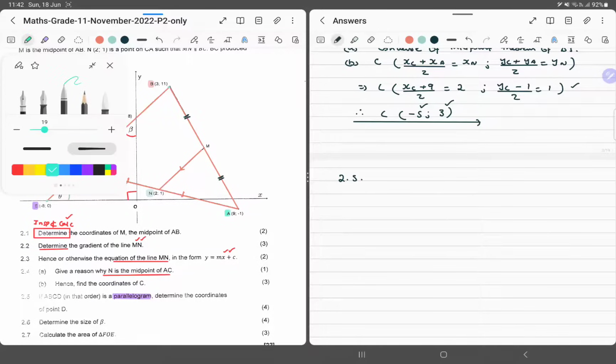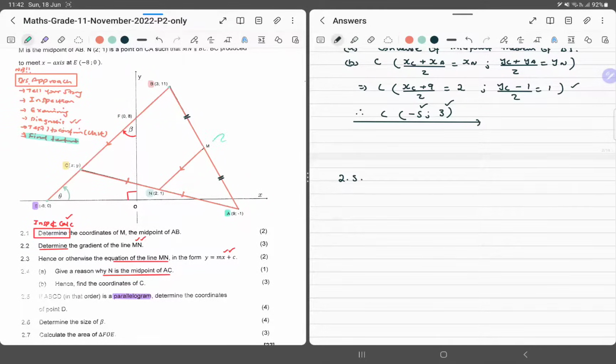Okay, let's try to do it. So A, B, C, D. So we always follow the order that we are given. So essentially, that would be something like that, right? Most likely. Of course, not exactly 100%.